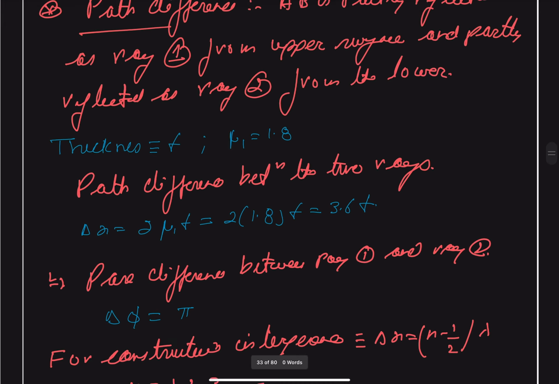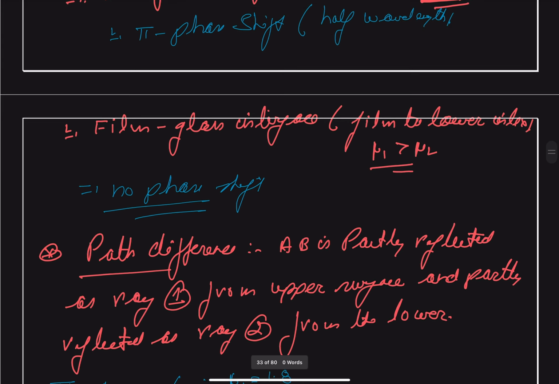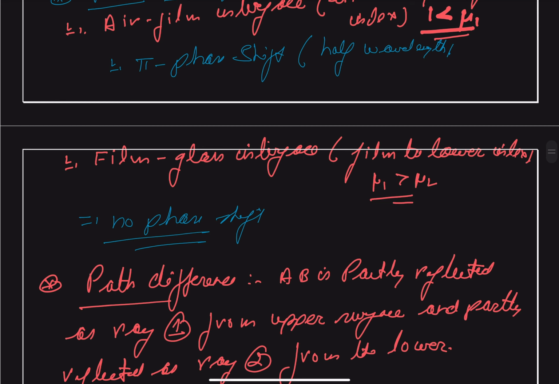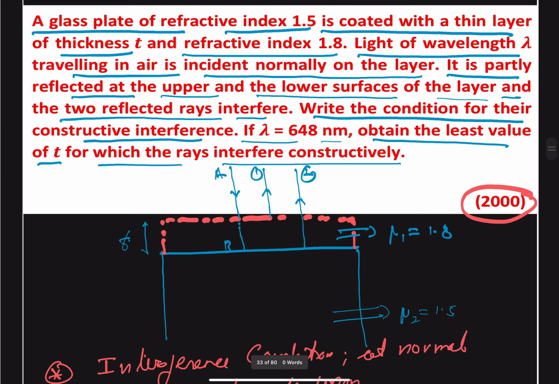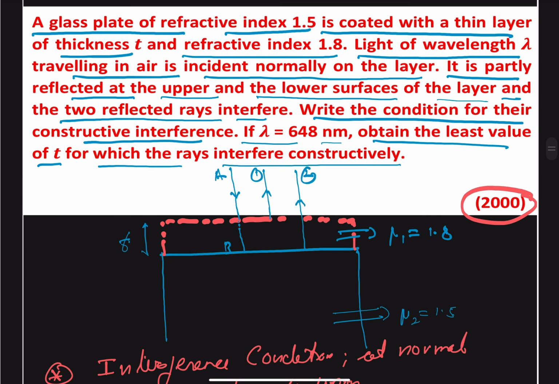So we found out the least value of T for the condition of constructive interference.